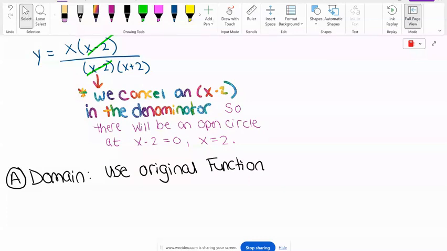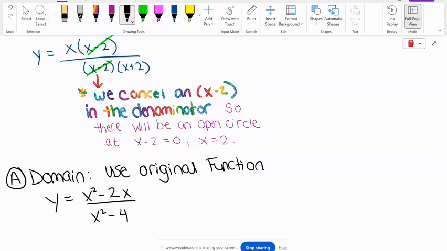What do I mean when I say use original function? It means use the function before you've simplified. So we're going to have y equals x squared minus 2x over x squared minus 4.